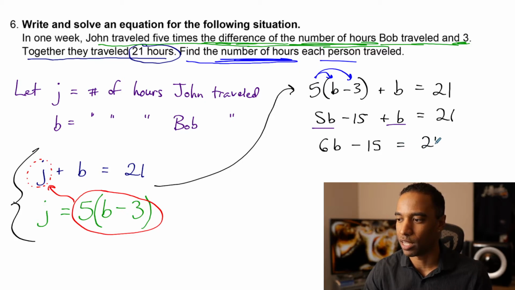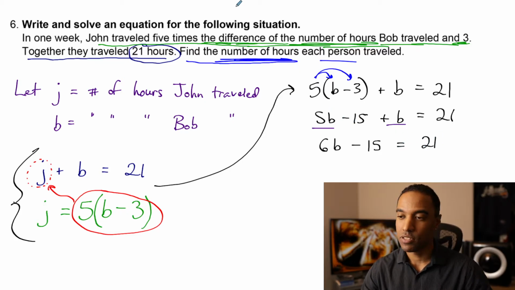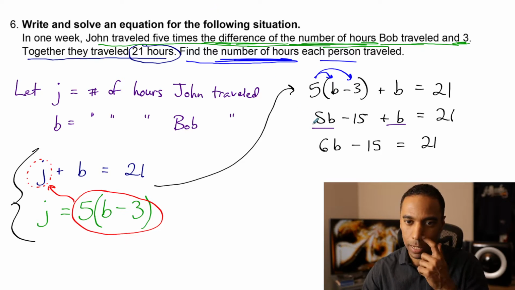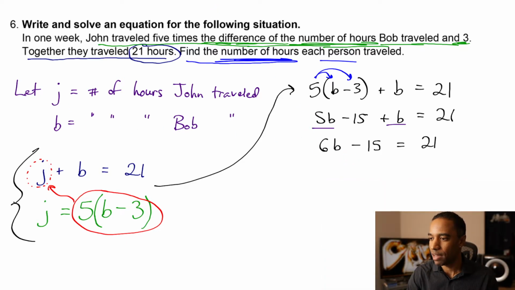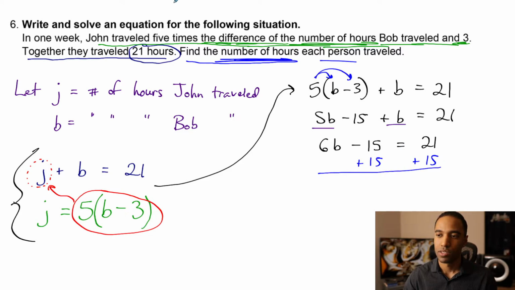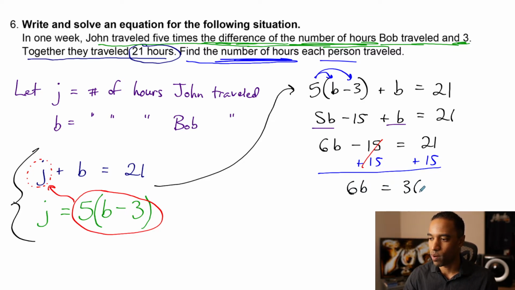If I add 15 on both sides right here, I'm going to get 6b on the left that remains and 36 on the right, which remains.